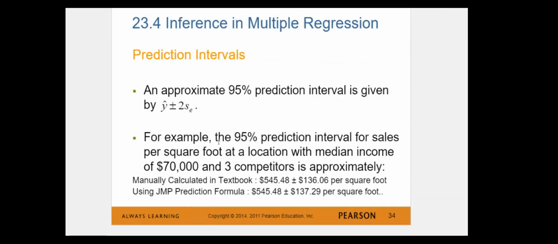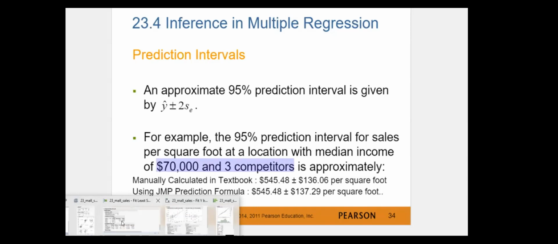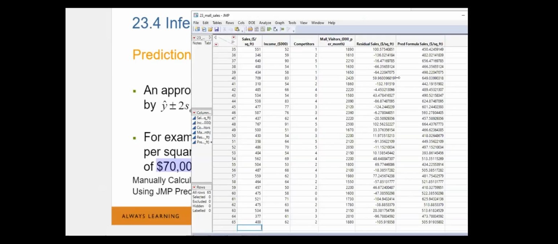So let's see what values are given here. The example in the book has 70,000 income and 3 competitors. Let's calculate this using JMP. So we go to the actual data. We already have the prediction formula down here. For income, it's saying 70,000. So I just type 70 because these are based on $1,000.